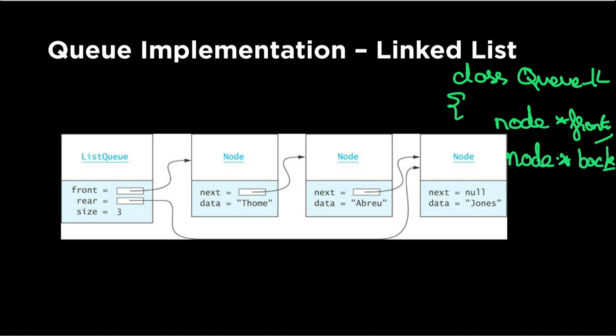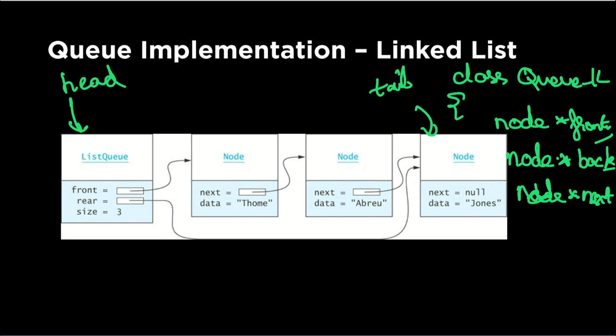So this front one is now equivalent to the head of the linked list, and the back one is equal to the tail of the linked list. Also, there are going to be two different private variables, which would be node star next and data that will store the actual data.